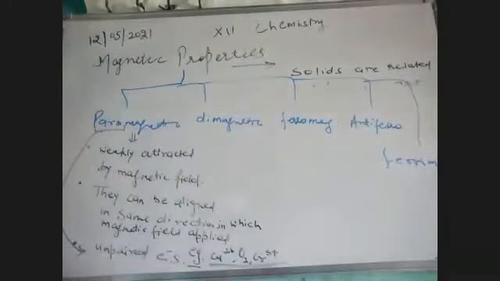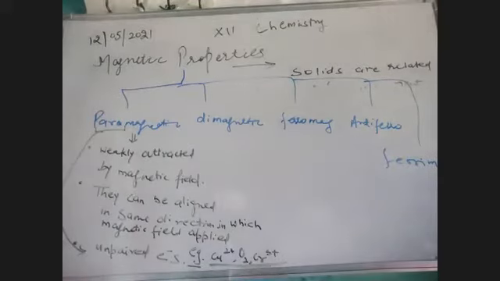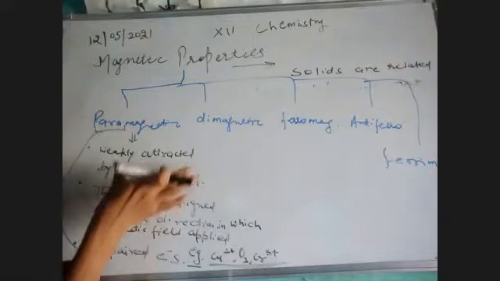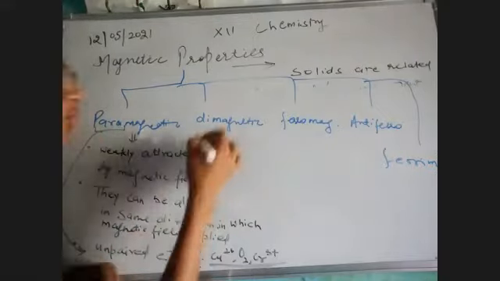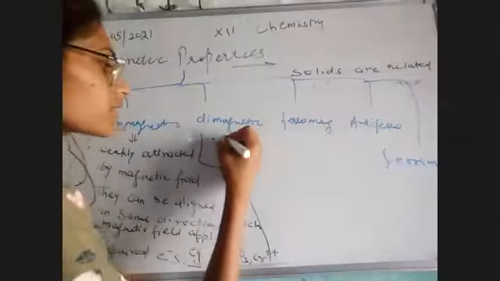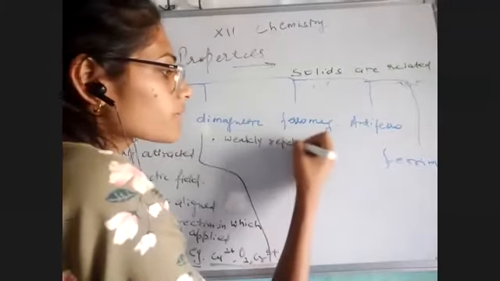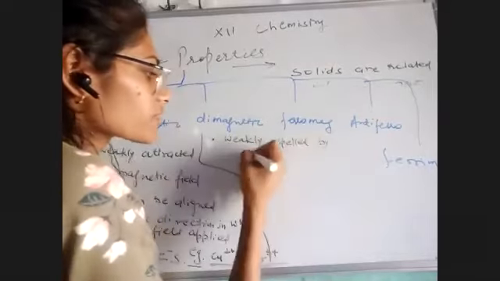Okay, now let's move to our next topic, that is diamagnetism. Diamagnetism is quite different from this topic. How can we understand it? In paramagnetism, we said that substances are weakly attracted by a magnetic field. But if I'm talking about diamagnetism, I am saying they are weakly repelled by a magnetic field.